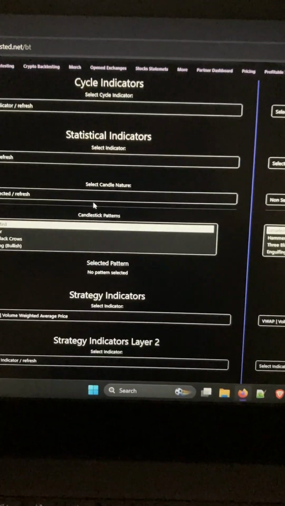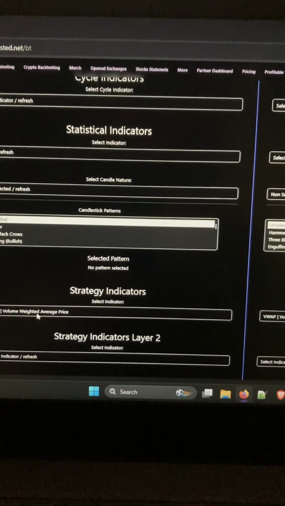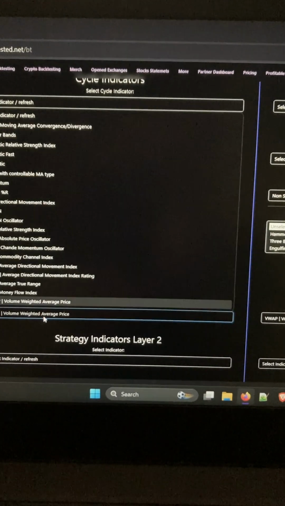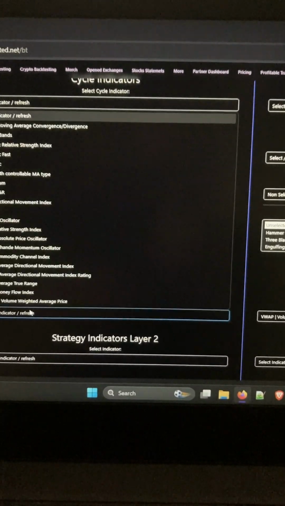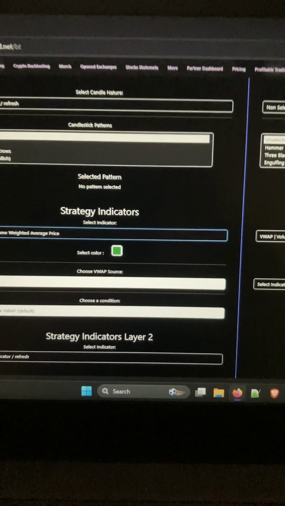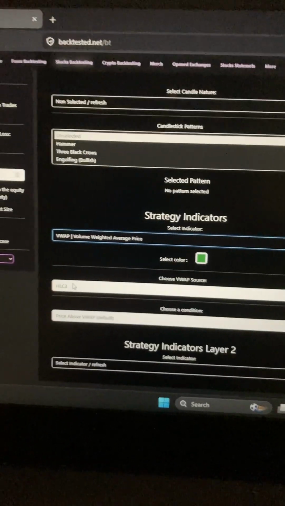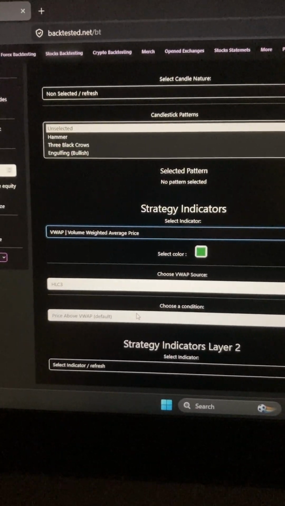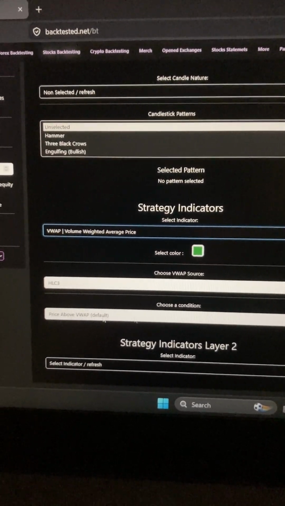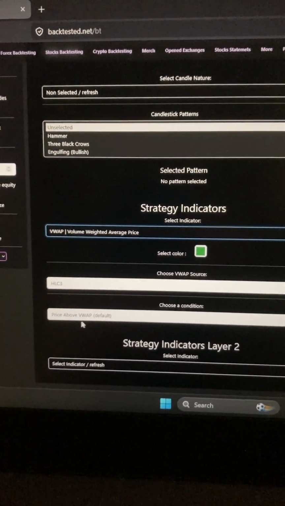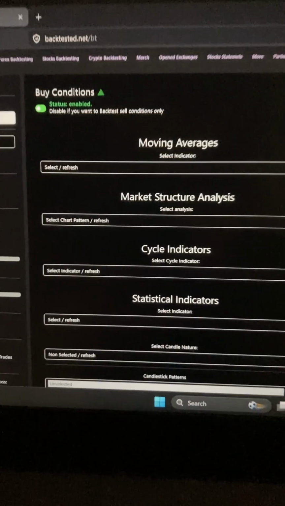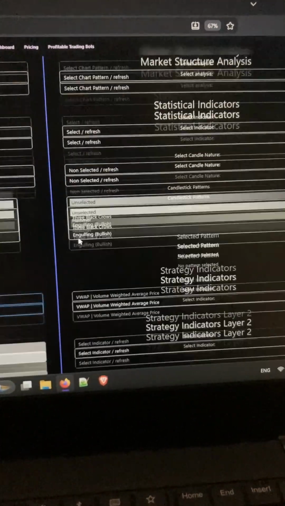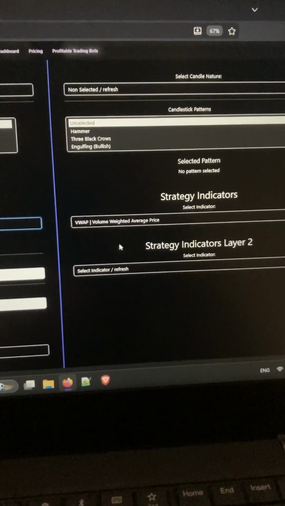Okay, so in the indicators section, we have selected the VWAP with this configuration HLC3, and for the buy condition, we have selected the condition to be price above the VWAP, and in the sell conditions, we made the opposite condition.